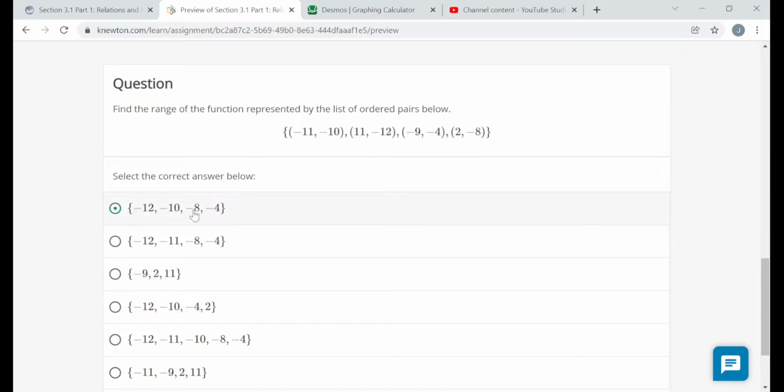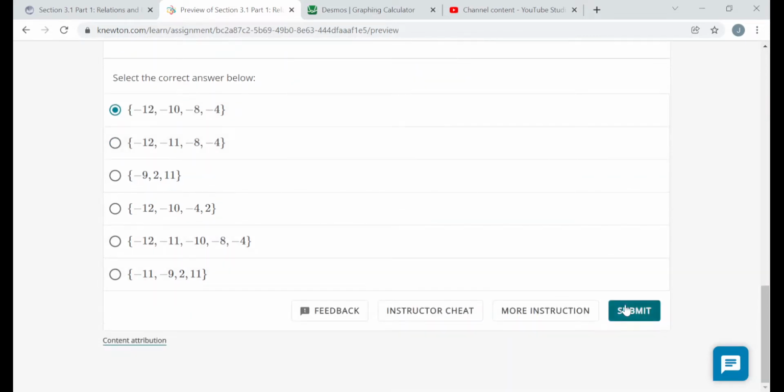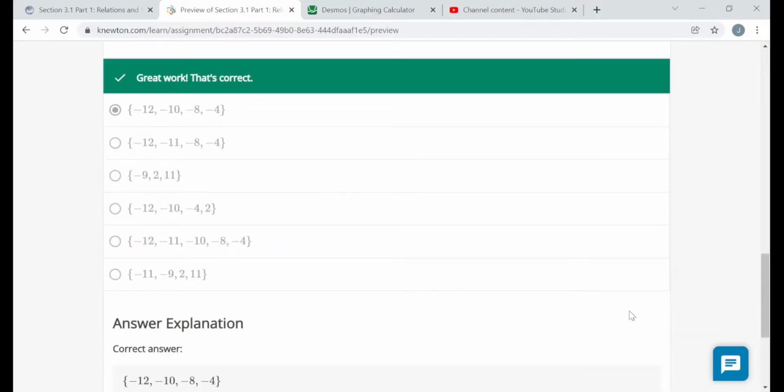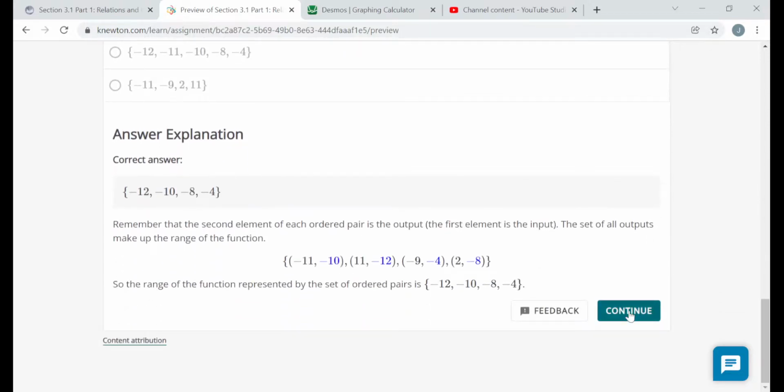Well, that looks like this set here. This set contains all those values, and they just put it in order, least to greatest. But that set has all the second coordinates, the y coordinates, the outputs. That's the range. All right. Wonderful. All right, next question.